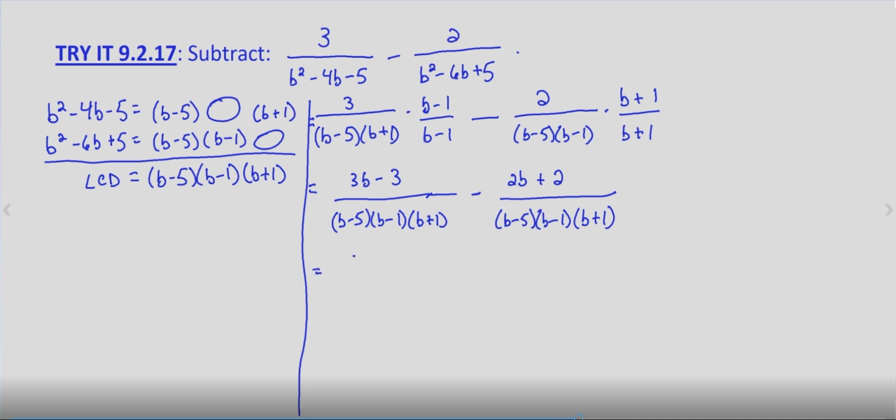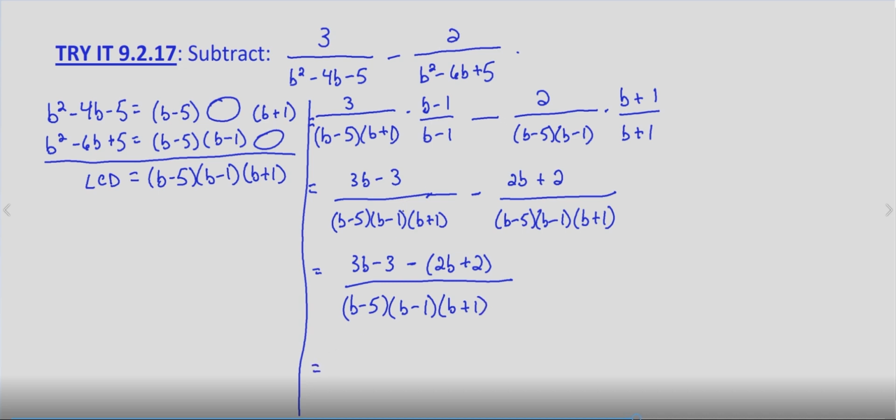That equals 3b minus 3 minus 2b plus 2 over our common denominator of b minus 5 times b minus 1 times b plus 1.